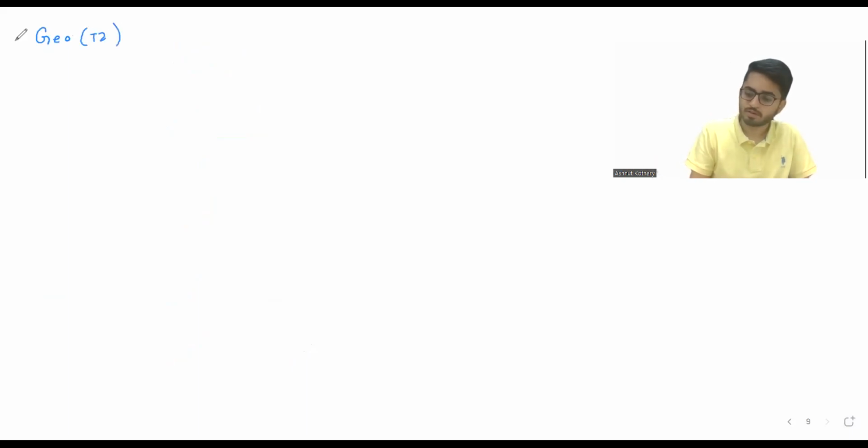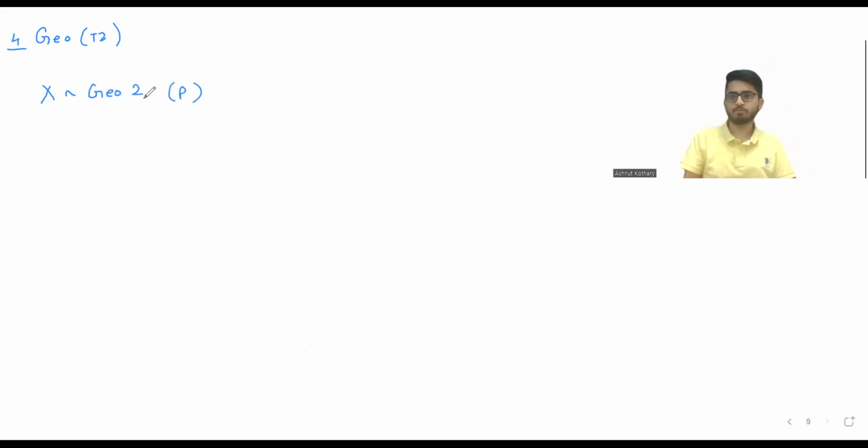So now in geometric type 2, again, the way to write it is the same. X follows, let's say geometric, you need to write 2, which denotes type 2, P. Now, to compare, instead of writing X, let me just take it to be Y so that it becomes a bit easier to compare.